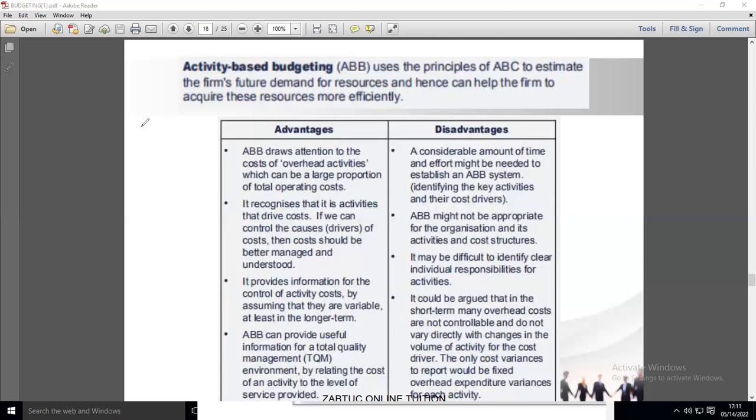Remember, ABM is an umbrella term referring to all the techniques that use ABC information for managing the organization.